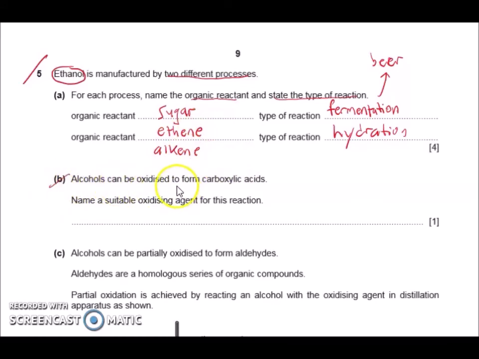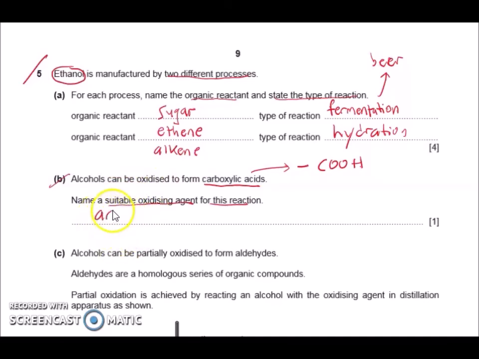Alcohol can be oxidized to form carboxylic acid, which has the functional group of COOH. Name the suitable oxidizing agent for this reaction. Alcohol to carboxylic acid, the suitable oxidizing agent is potassium manganate.